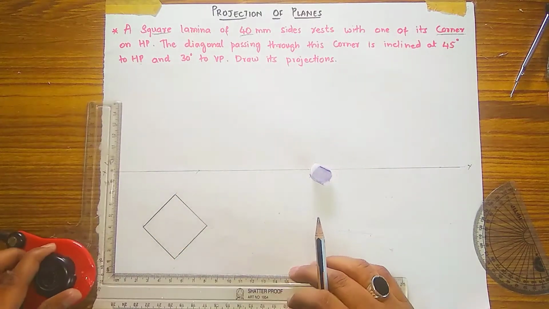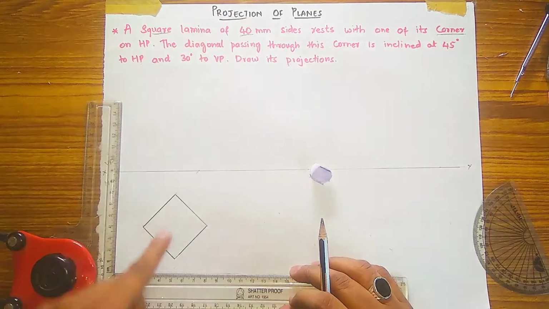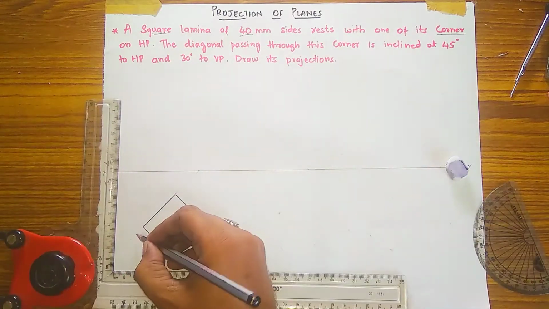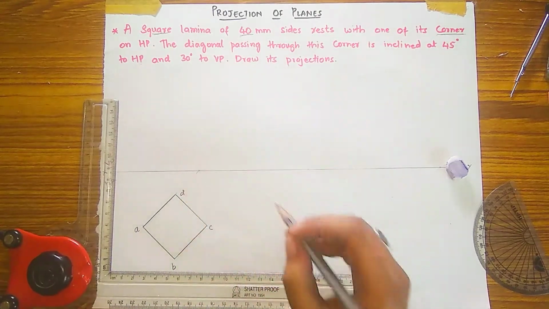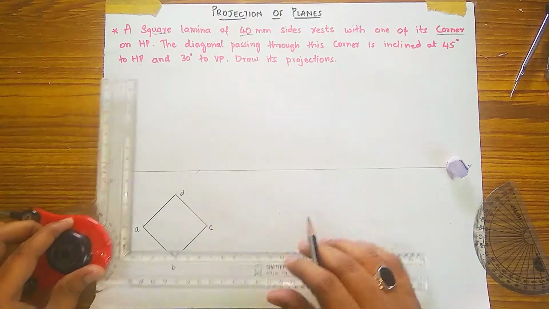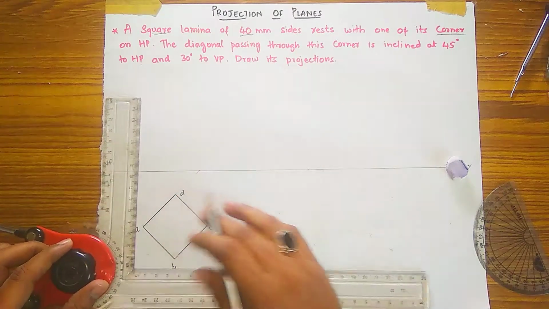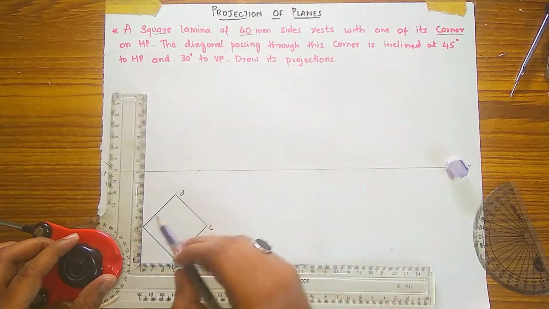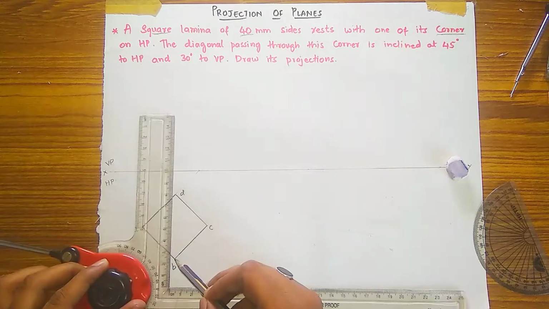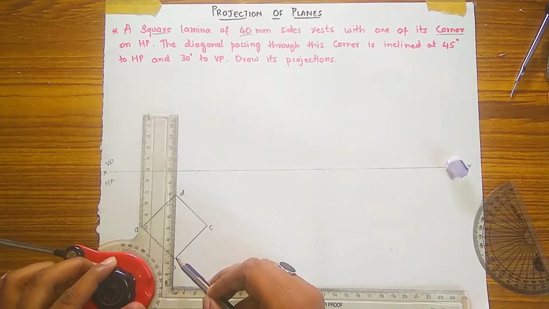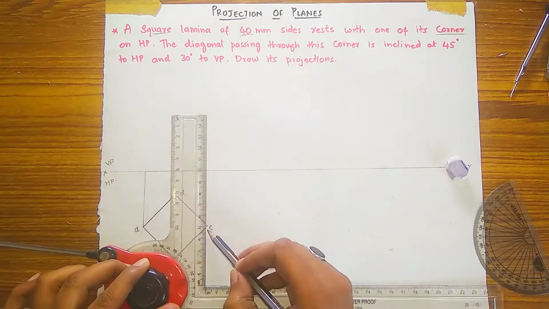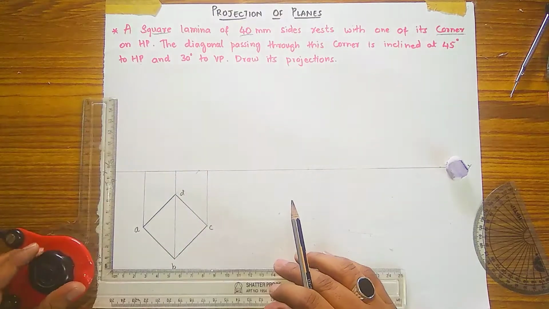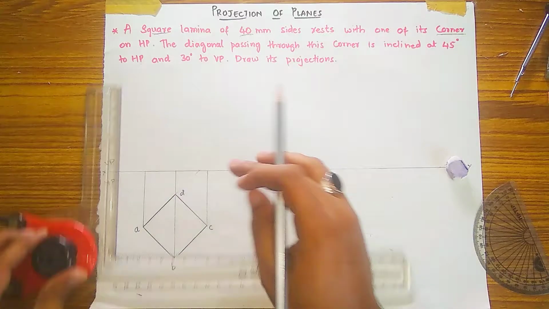This is a square of 40 mm resting on a corner. Then label the ends A, B, C, D. From each end, take the projection line till the XY line, from A, B, D and C.